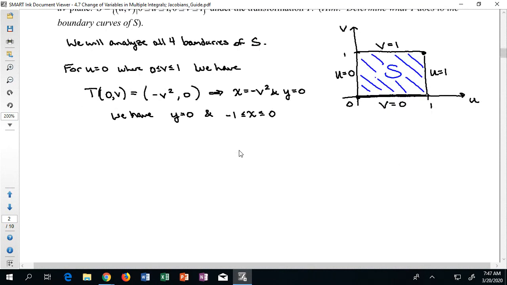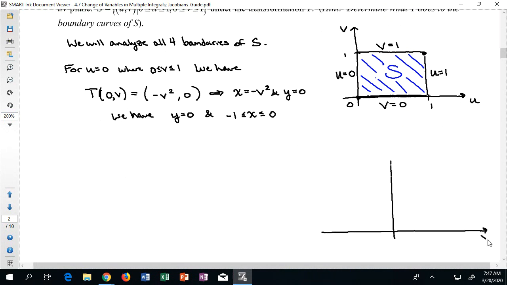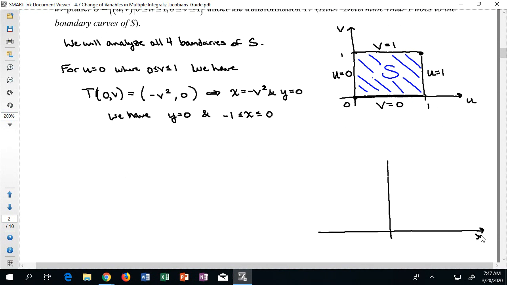Now I'm going to go ahead over here on the side, and I'm going to start to draw out what my picture of my XY plane is going to look like. I'm giving away a little bit of information in the way that I'm drawing this picture. You'll see that I am producing a little bit of a negative x-axis, but we'll see where this comes from in just a moment.